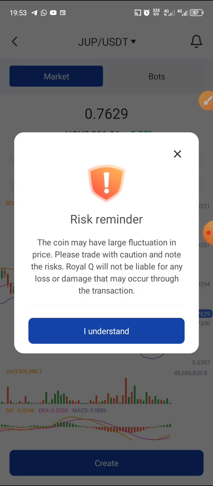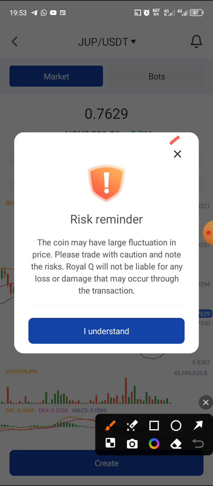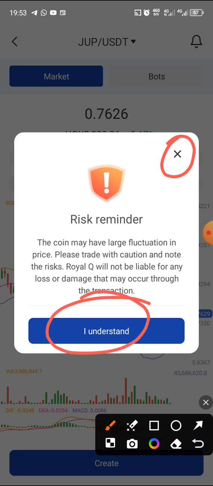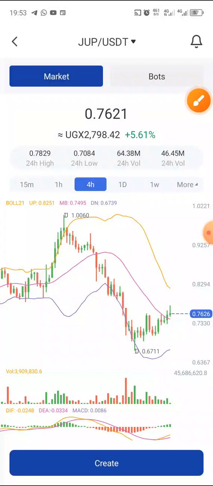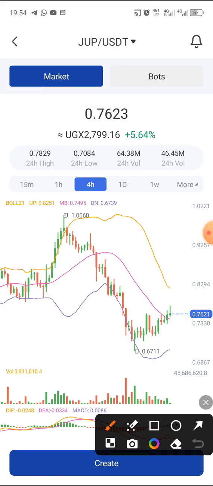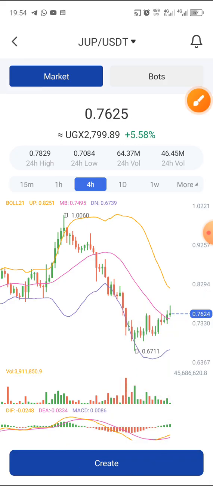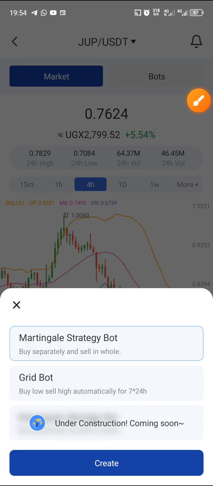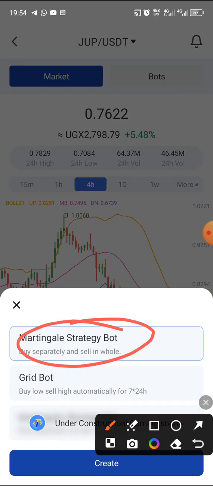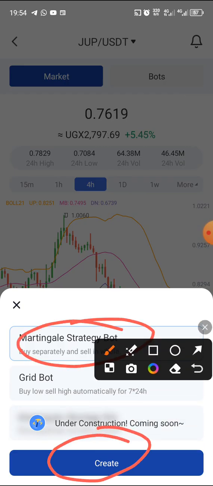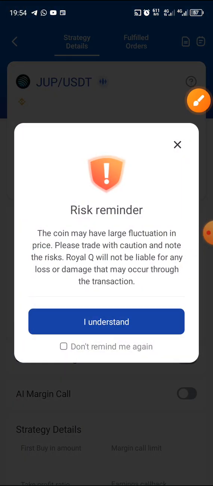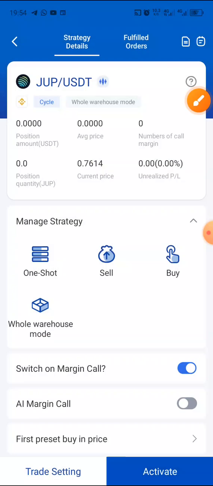You click on either the X or I understand. Okay, so you come here, tap on create martingale strategy bot, click create, click I understand.